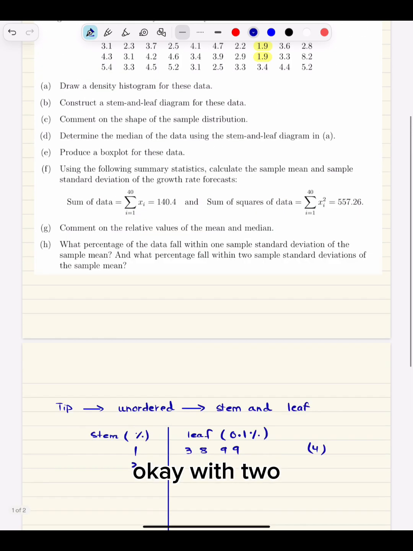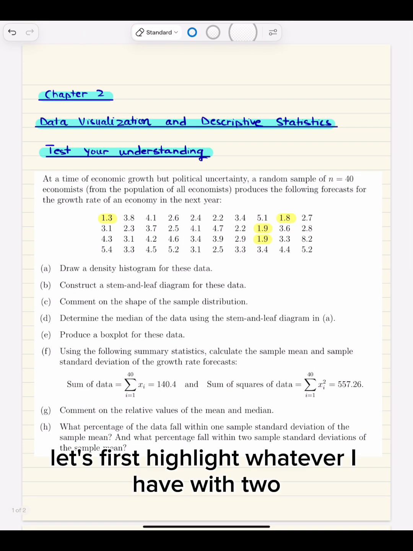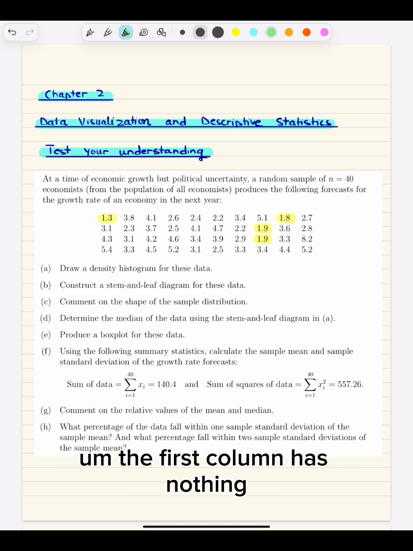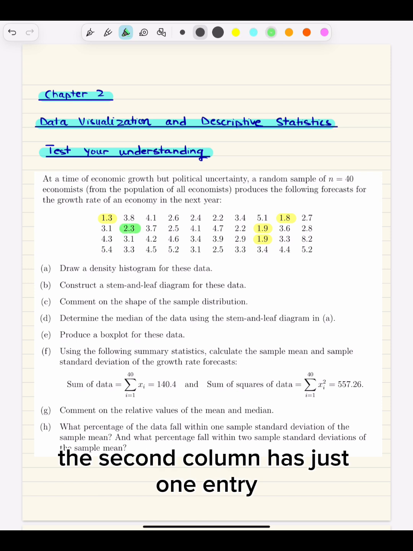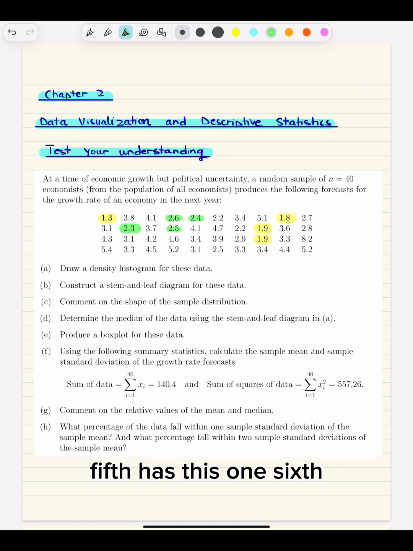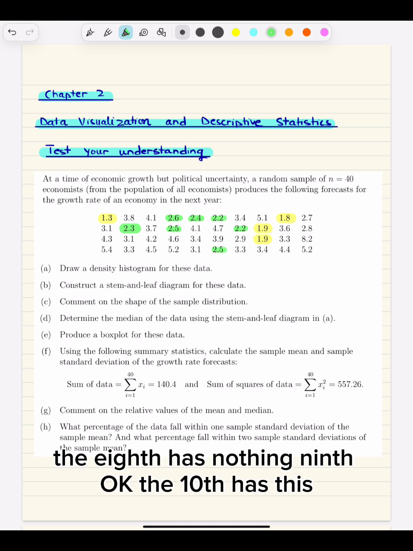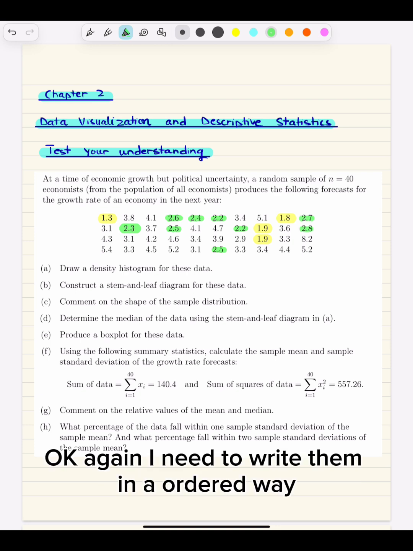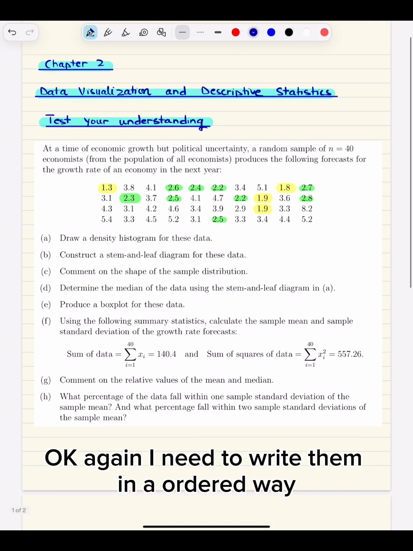Okay, with 2. Let's first highlight whatever I have with 2. The first column has nothing, the second column has just 1 entry, the third has nothing, the fourth has these 2, the fifth has this one, the sixth, and the 7th column, the 8th has nothing, the 9th, okay, the 10th has this. Okay, again I need to write them in ordered way.